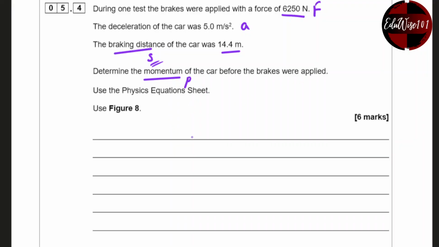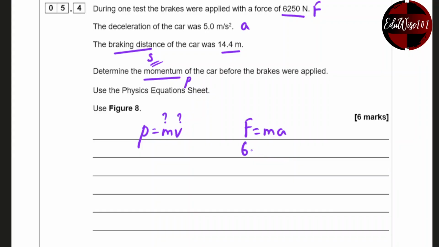Now the equation for momentum using the equation sheet will tell you momentum equals the mass multiplied by the velocity. Now you need to find the mass and the velocity of the car. What you have is F and a and the distance. We can use the equation F equals ma, Newton's second law of motion.